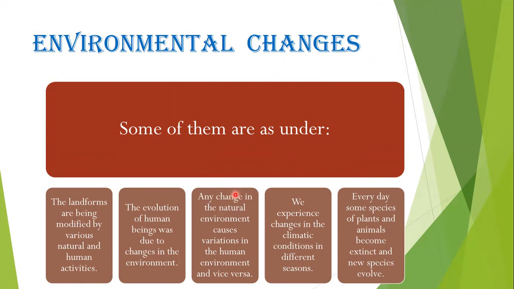Any change in the natural environment causes variations in the human environment and vice versa. We experience change in the climatic conditions in different seasons. Every day, some species of plants and animals become extinct and new species evolve.